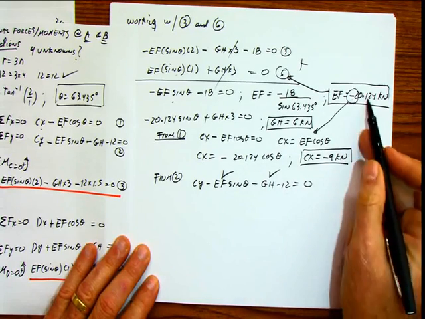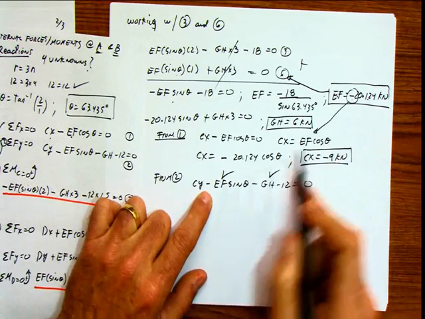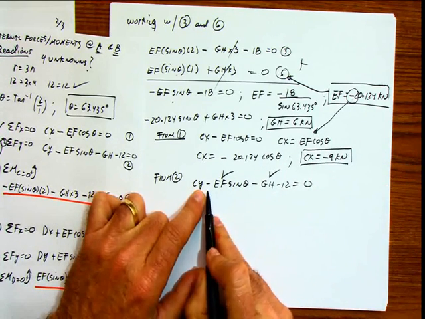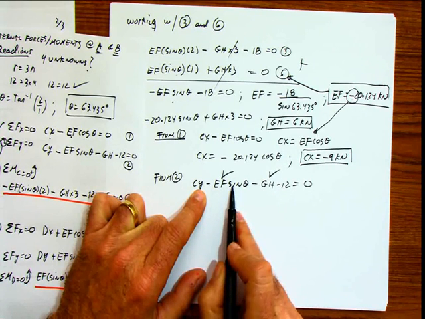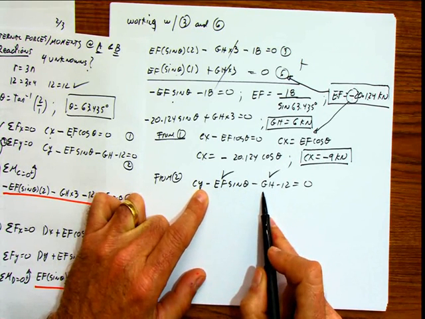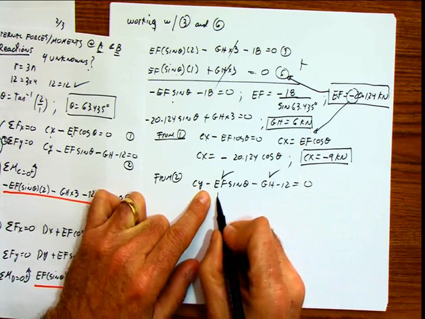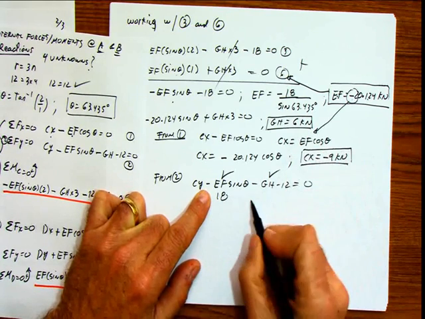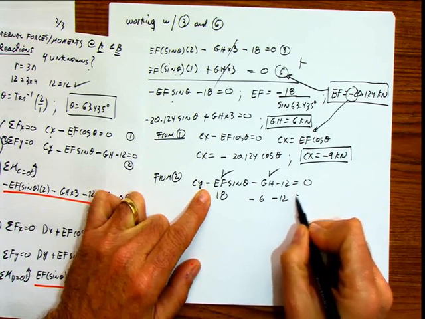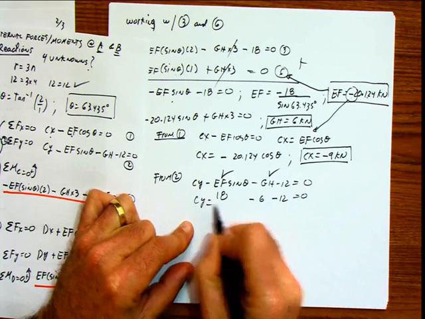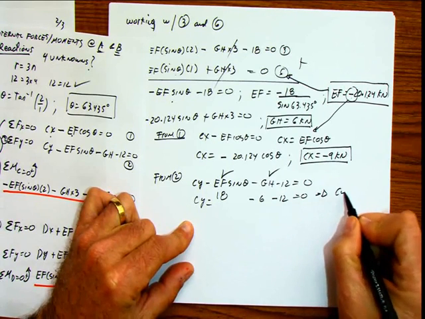Once again, if I put this value here, remember to put it negative, multiply by negative is going to be positive, and this is going to be 18, positive 18 here. GH is negative 6. So I have 18 minus 6 minus 12 equals 0. Cy minus, that means that Cy is 0.